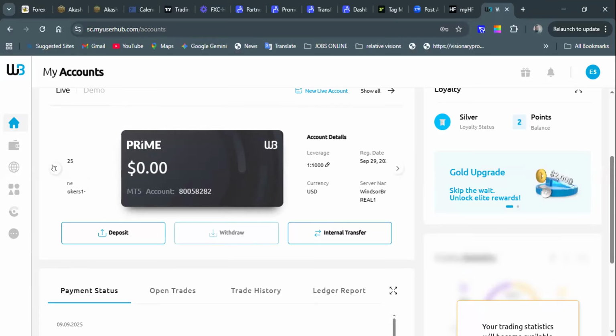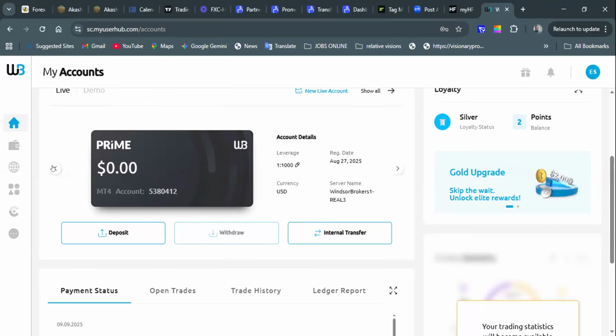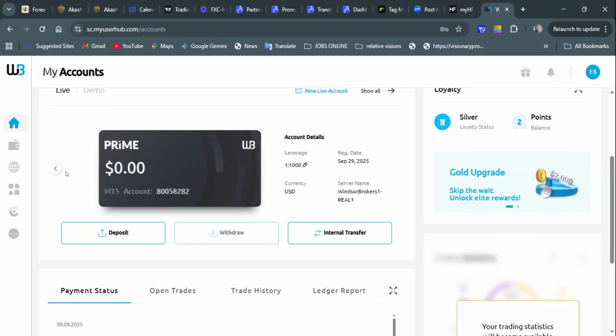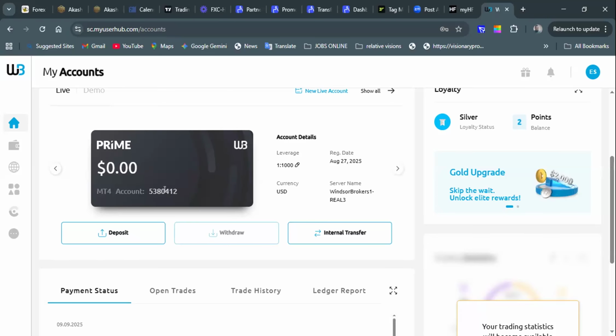Look at this now. I have an account here. This is on MT4. If I've put money on this MT4 and I want to move it to MT5, I will just check my ID. I'll call this ID. I'm coming to deposit. I just want to quickly touch on this. I'll check this ID while I click on transfer.